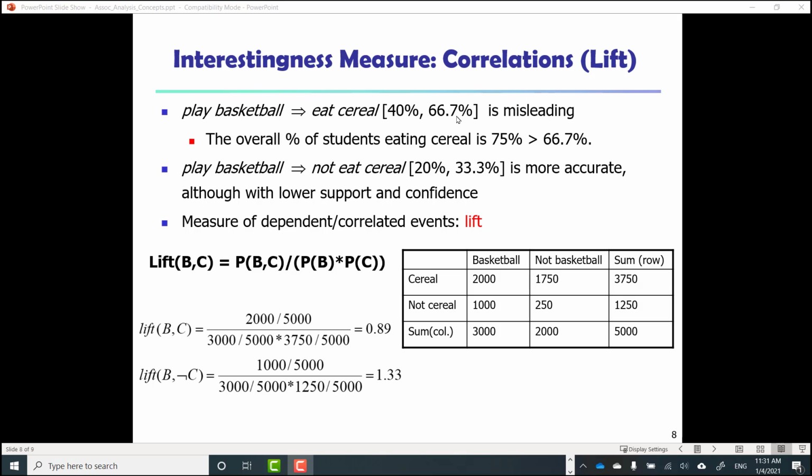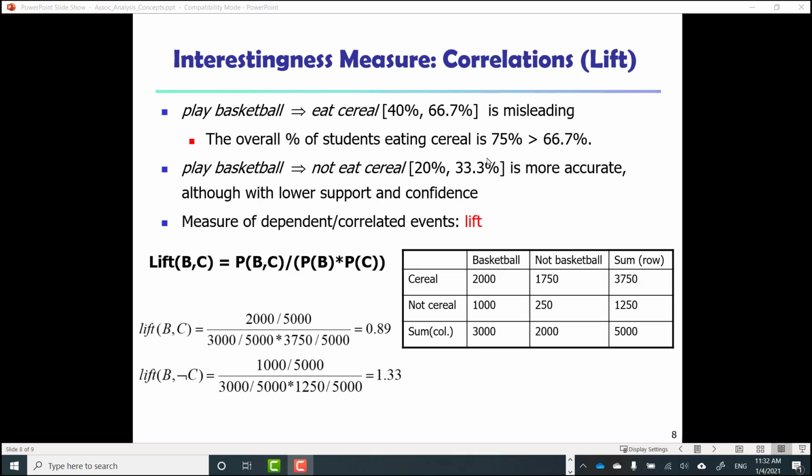It looks wonderful at 66.7%, but it's actually very misleading because the general population consumes 75%. 75% of the general population actually consumes cereal, right? So when you have a lot of rules with a high confidence level, we need to check whether those rules make sense or not.